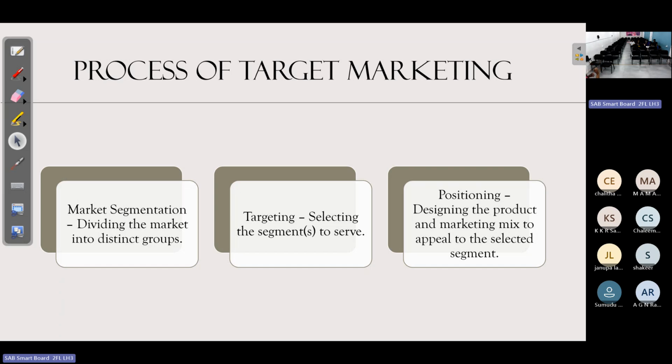And also in the market we are trying to grab some market space. That's what we call positioning. Okay. So here, you can write down what we do there. First one, under positioning, design the product.